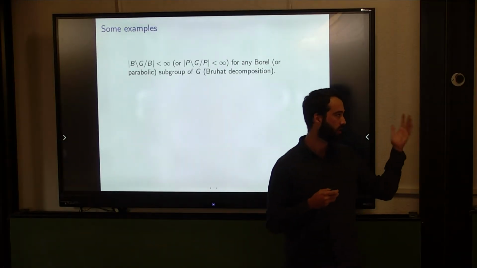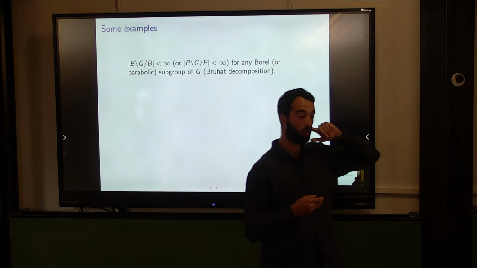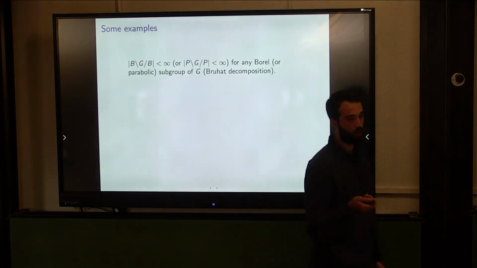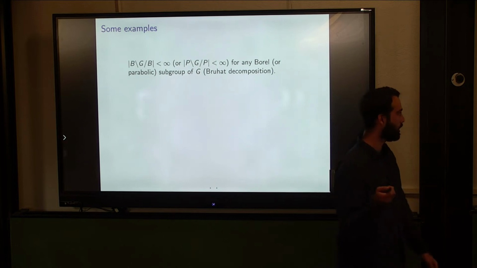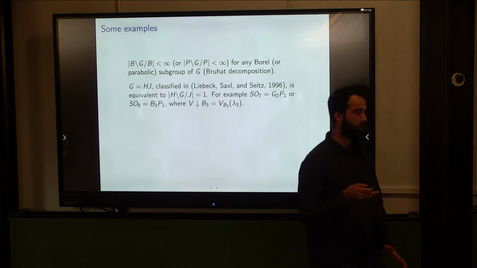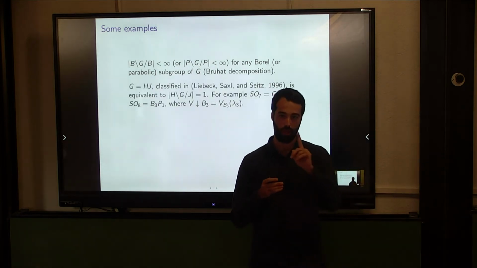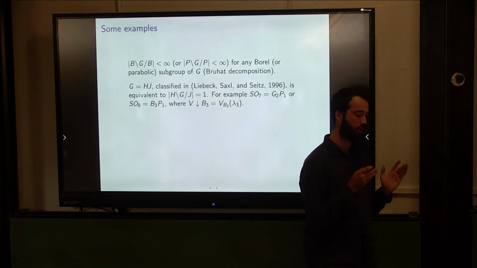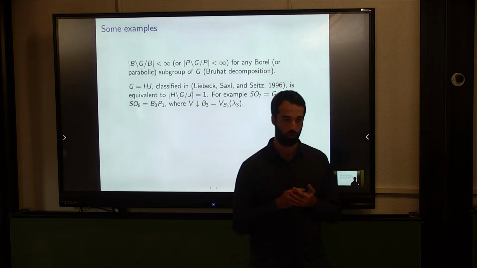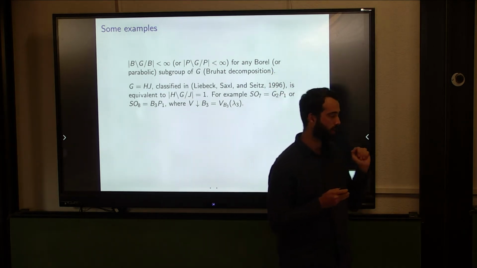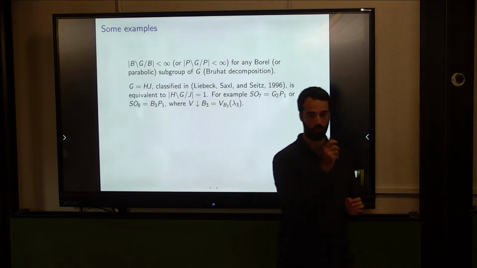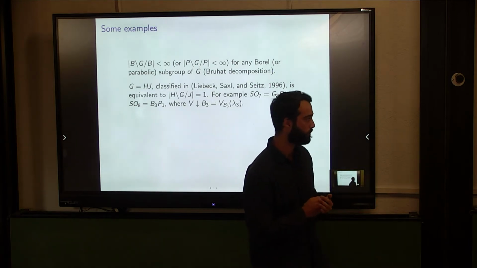So in particular, an upper bound for the number of double cosets is given by the size of the Weyl group. In some situations, there's only one double coset. So what happens if you have one double coset? It means that you can factorize your group G as a product of H and J. So it means that you can write every element of G as a product of something in H and something in J.